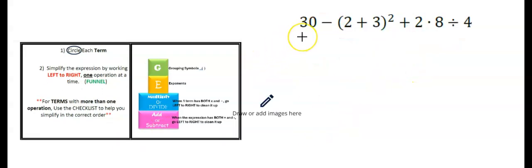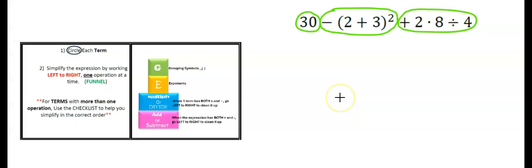Okay, we're going to go through, and I'm going to have you circle the terms for this one as you pause the video, and then turn the video back on when you're done to see if you got the terms identified correctly. There's a lot happening here. Remember what terms are. They're separated by the pluses and the minuses. Okay, there are only 3 terms here.